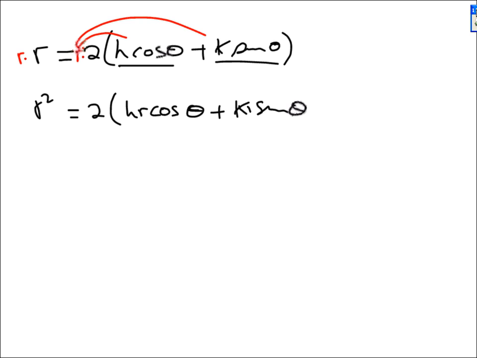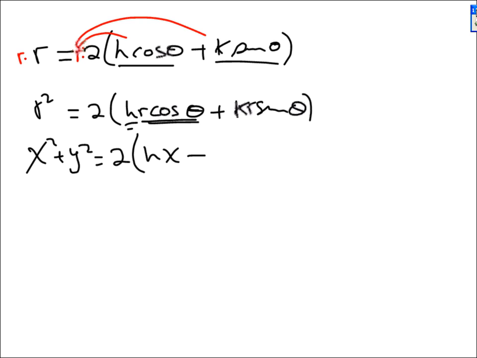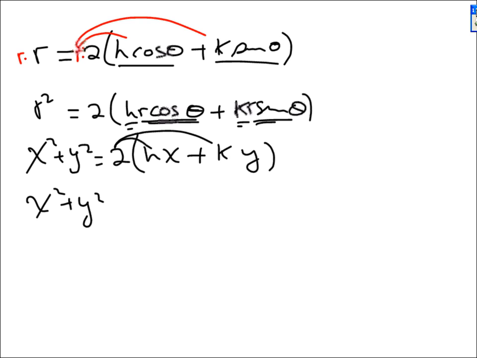And that gave me my second line with an r here. Next, r squared is x squared plus y squared, which is equal to 2 times hx plus ky, that is, 2hx plus 2ky. X squared plus y squared. I'm going to bring over the 2hx as negative 2hx.